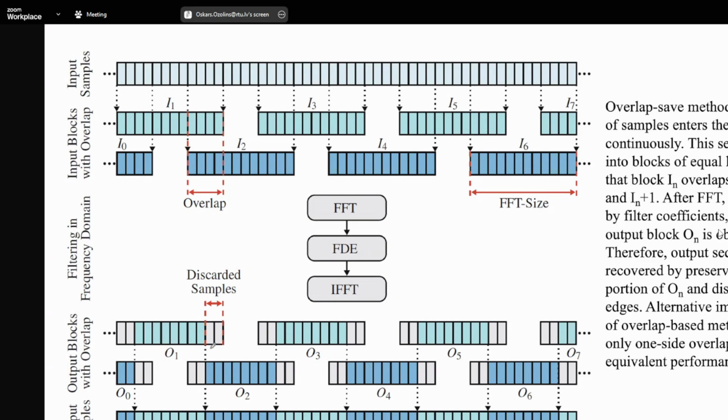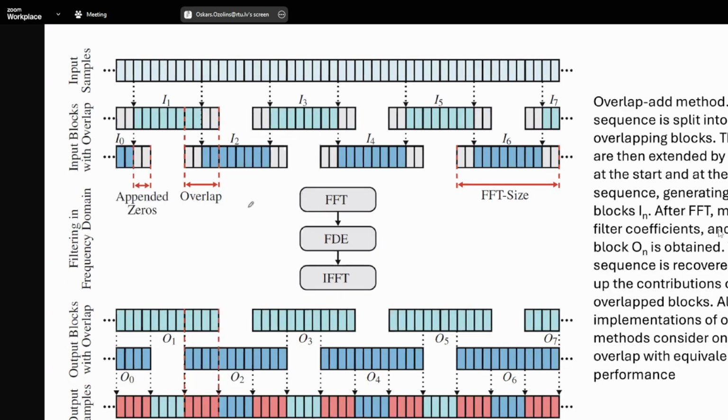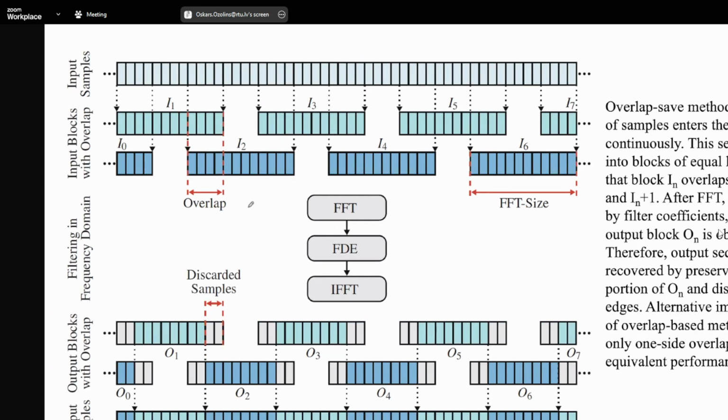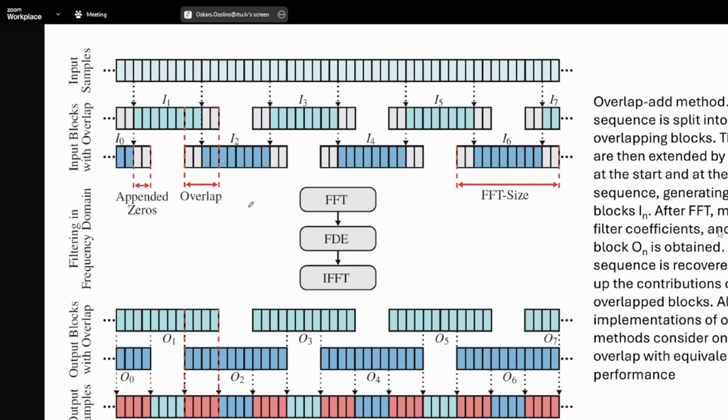You have to discard some samples when you overlap, and this also helps you get the memory from different samples. Here's another one: this is overlap and save, and this is the overlap and add method. You can read more detail about this in a book.